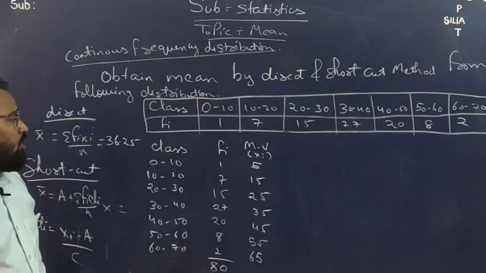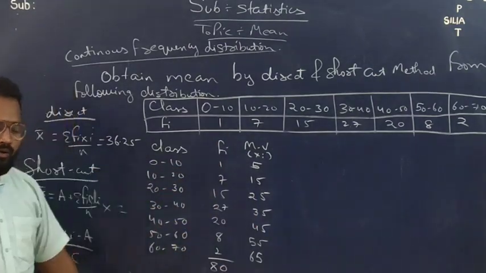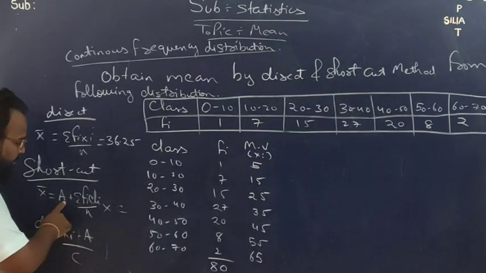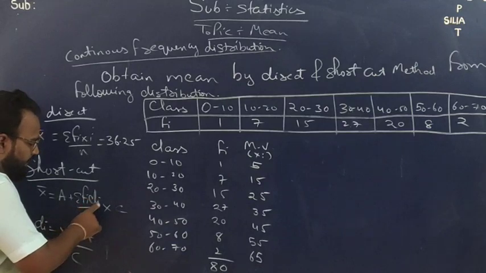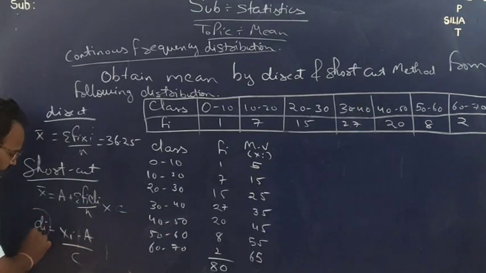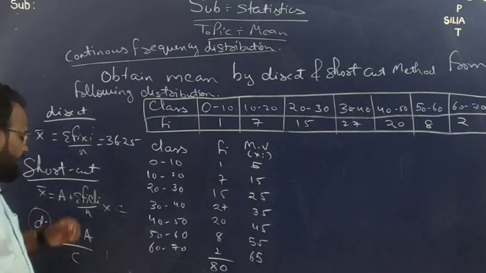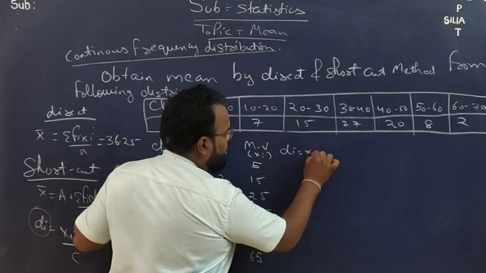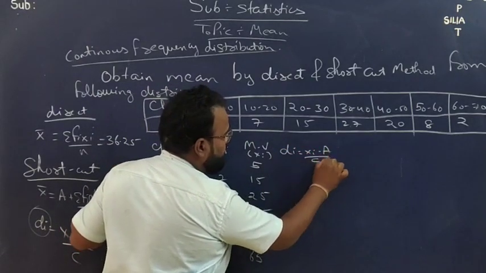After finding the mid value, the formula for the shortcut method is a plus sigma fi di upon n into c. How to find di? di is equal to xi minus a upon c. So let us find di.